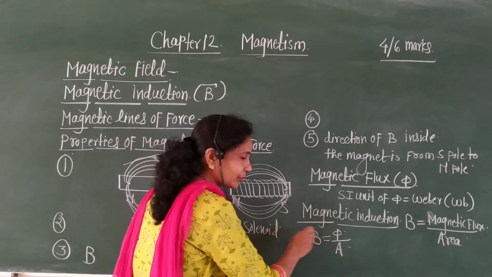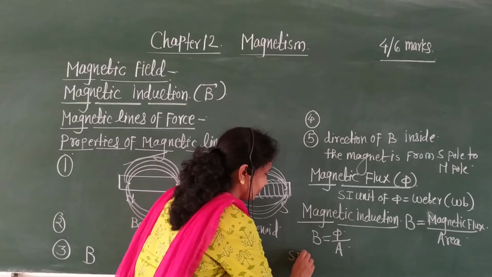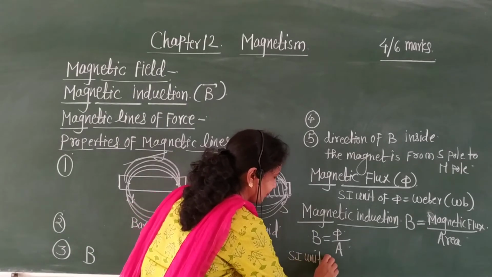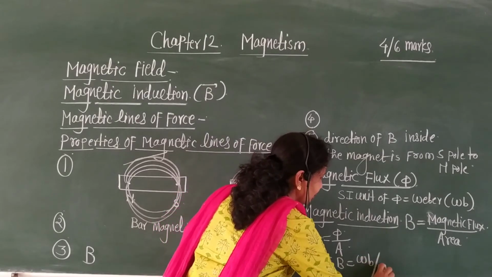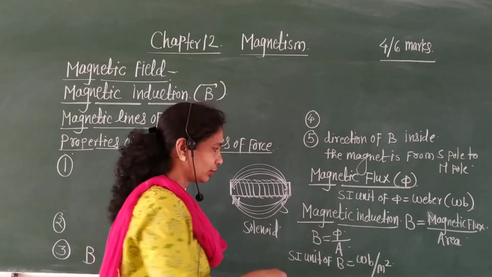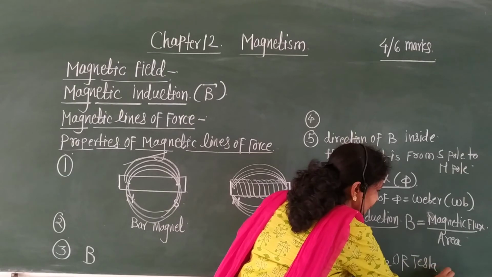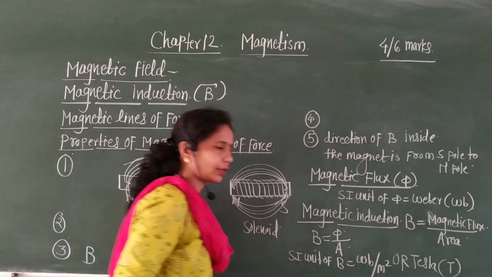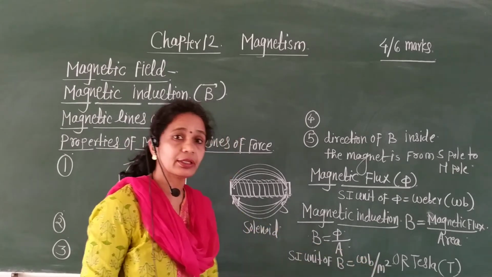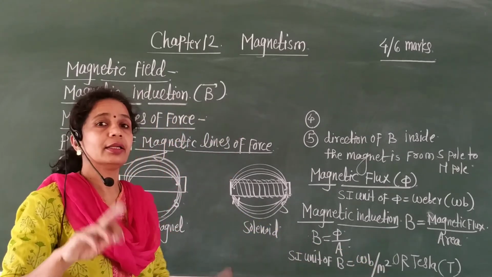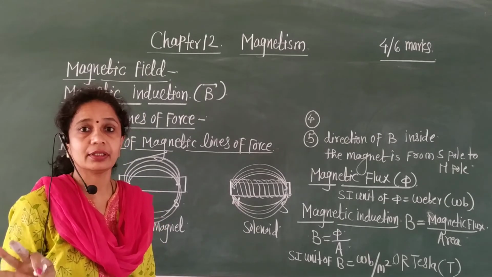Therefore SI unit of magnetic induction is Weber per meter square or Tesla, capital T. Tesla is denoted by capital T.